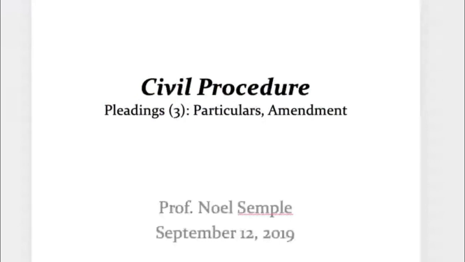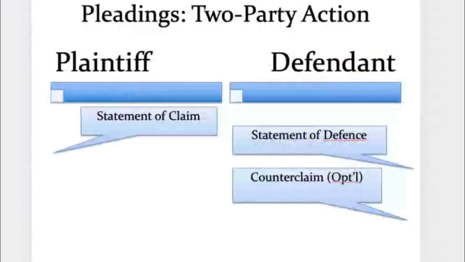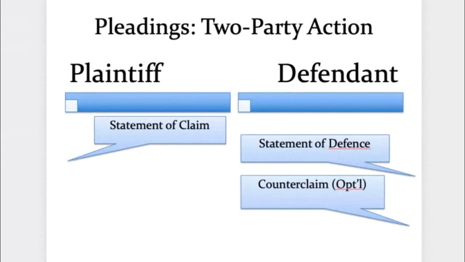Okay, so let's go on with our pleadings. You recall from last time, statement of defense following the statement of claim, and then we have this counterclaim. A counterclaim would be used if the defendant alleges that they have suffered some sort of damage arising from the plaintiff's conduct, right?